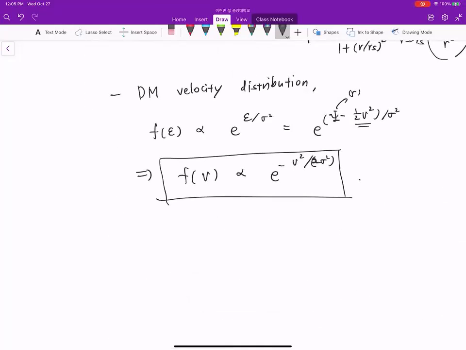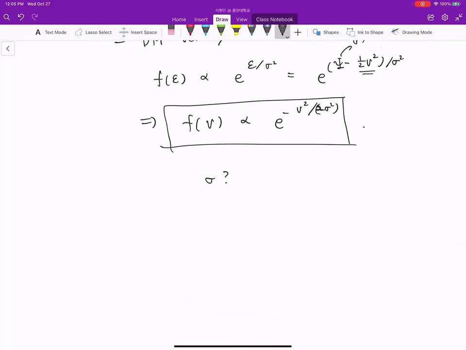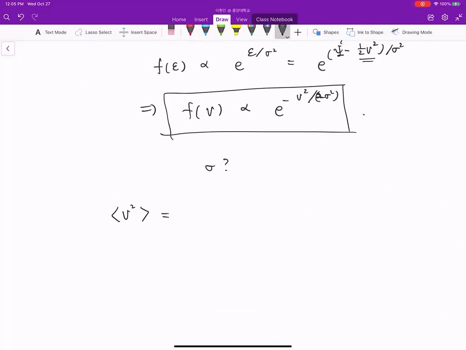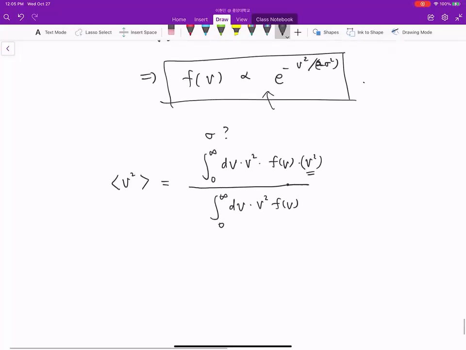So we know that this is the velocity dependence, but we don't know what sigma is. In the end, if you take the velocity square and average it, because there is no normalization factor yet, we need to divide by the normalization factor, the integral of dv v square f of v, and we have another v square because we are averaging over it.